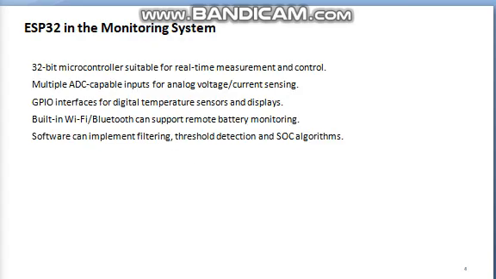So the ESP32 is the monitoring system. It is suitable for real-time measurements and control. It has got multiple ADC pins. If you see the architecture of the ESP32, the general purpose IO pins are there, and many ADC pins are there. At least 12 different ADC pins are available.